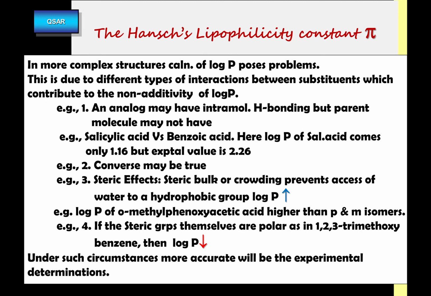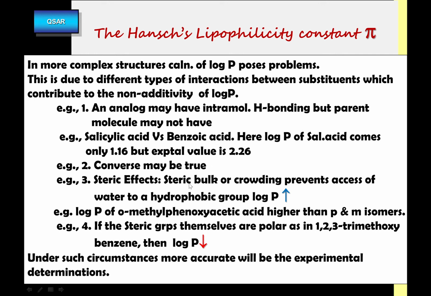One such thing is hydrogen bonding. Example, salicylic acid versus benzoic acid. Log P of salicylic acid comes out very less as compared to the calculated one because of the intramolecular hydrogen bonding. But if the same is done with para hydroxybenzoic acid, it comes higher.